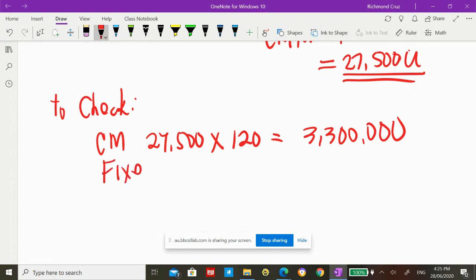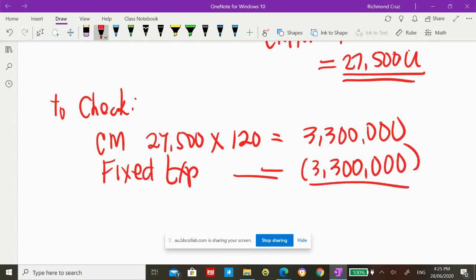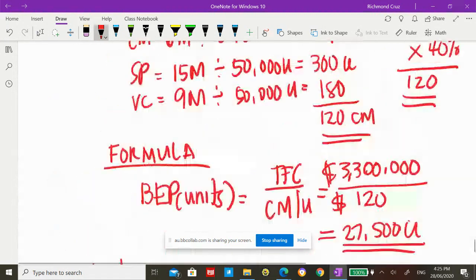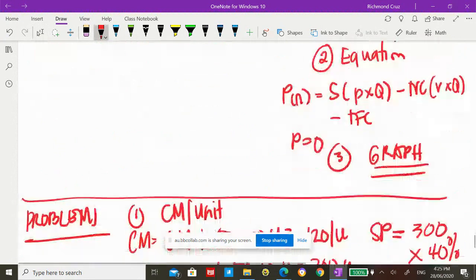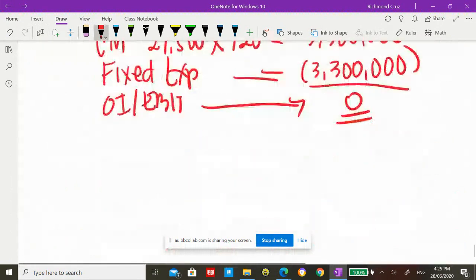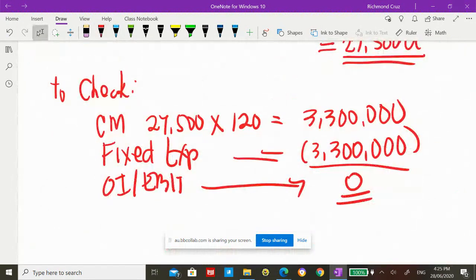Kasi ma-minus mo dito yung fixed expense, so 3 rin yun. Therefore, your operating income or EBIT will be equal to 0. Sabi ko kanina, para maging break-even point, dapat yung contribution margin mo should be equal to your fixed cost or fixed expense, na nakita naman natin dito sa computation natin.